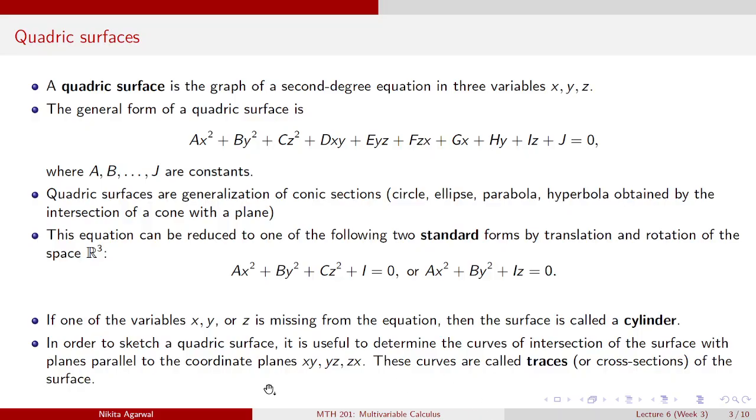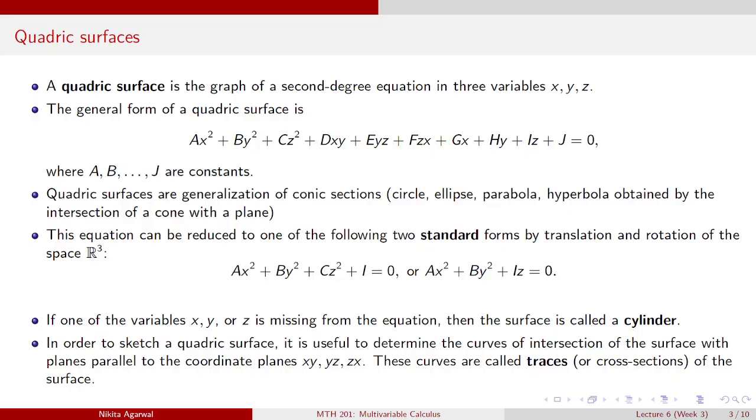For example, the xy plane is z equal to 0, but any plane of the form z equal to a constant is parallel to the xy coordinate plane. So in the given equation, you put various values of z and see what the curve is. Then you join the pieces together and see what the entire surface is.